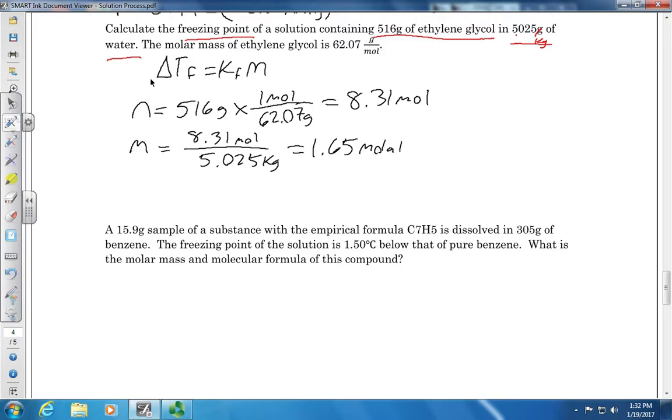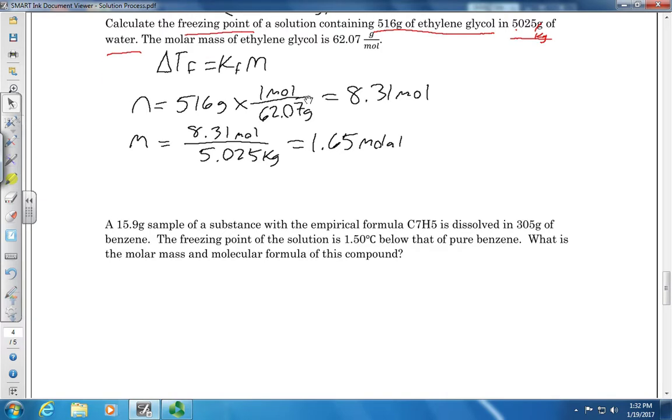And if you look it up, for freezing, our K sub F, if you look it up in the book, will be 1.86 degrees Celsius per molal.